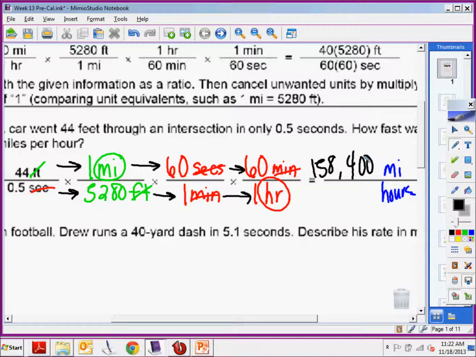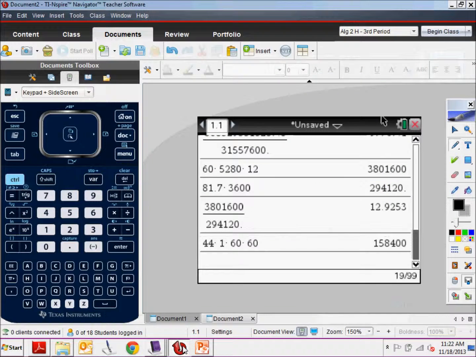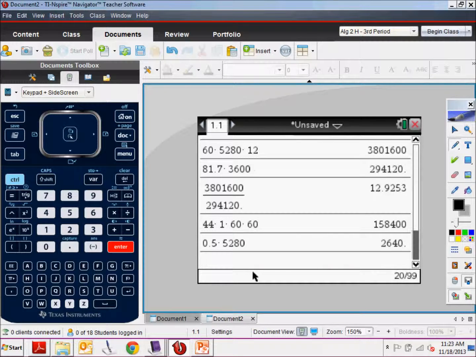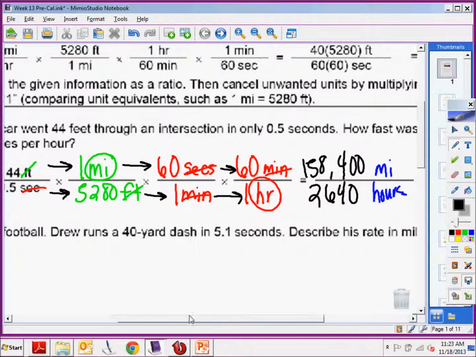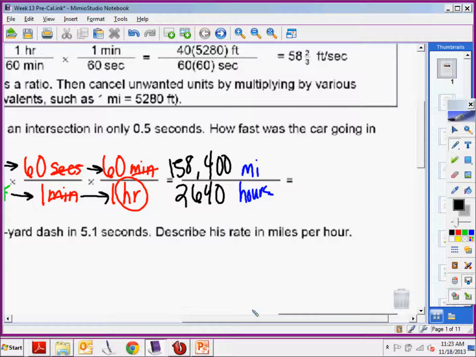Okay? Now I'm going to multiply my denominator. So 0.5 times 5,280. So my denominator is 2,640. This comes down to just being a fraction, and a fraction is just a division problem. I don't want to know how many 2,640 hours it is.